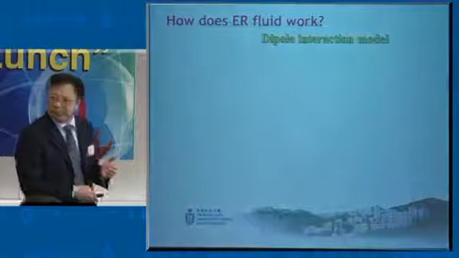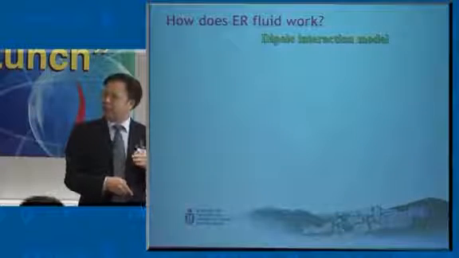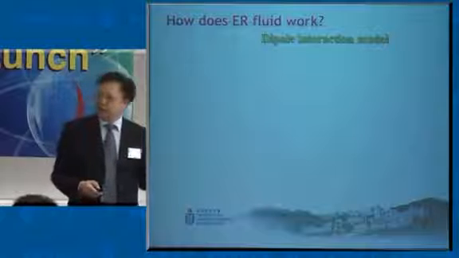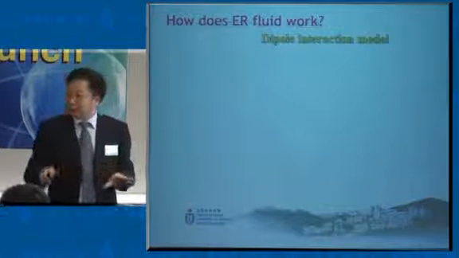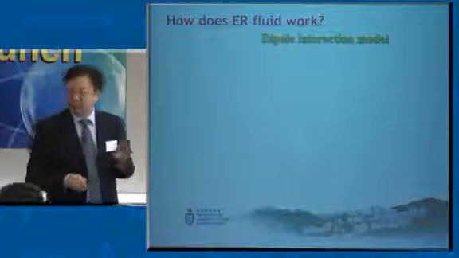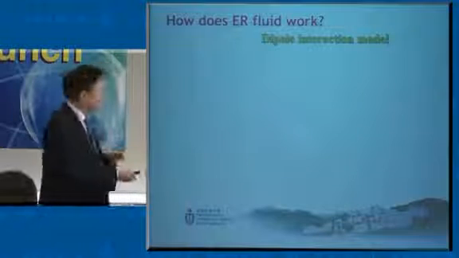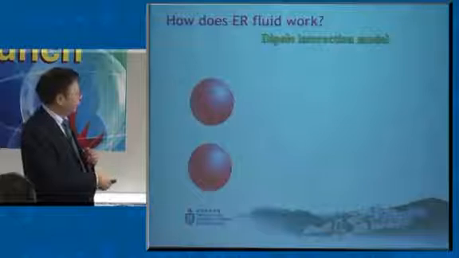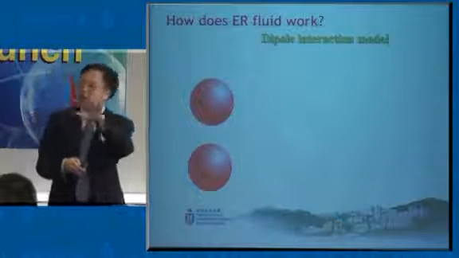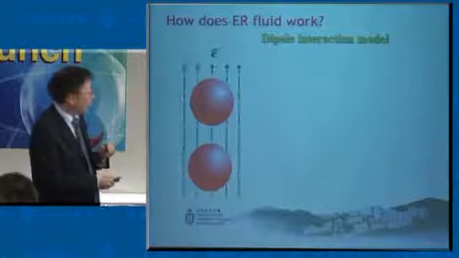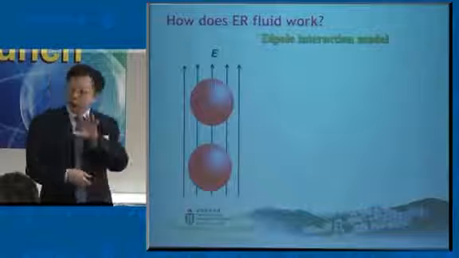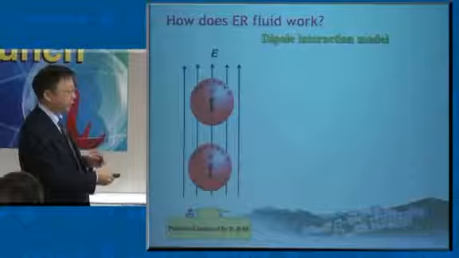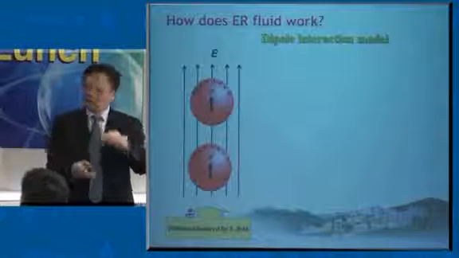How does it work? Actually, the principle is very simple. From 1995, our university started the investigation of these materials, so almost 20 years. You can see here, there are two particles suspended in oil, and an electric field is applied. The particles will be polarized, meaning positive and negative charges go to the two ends.